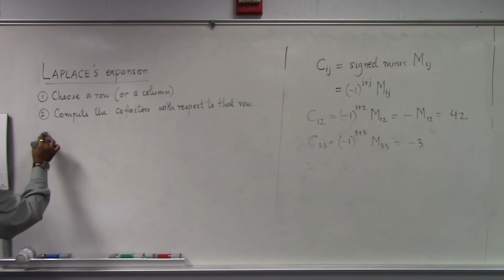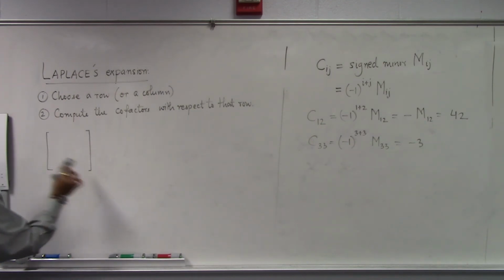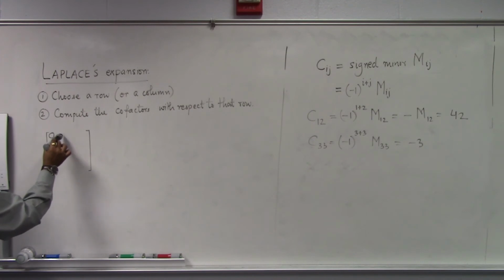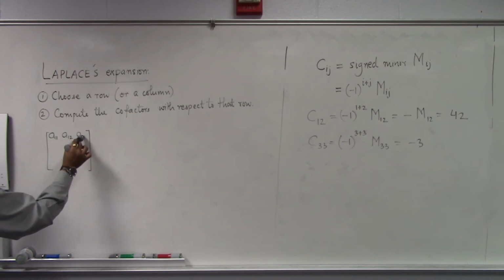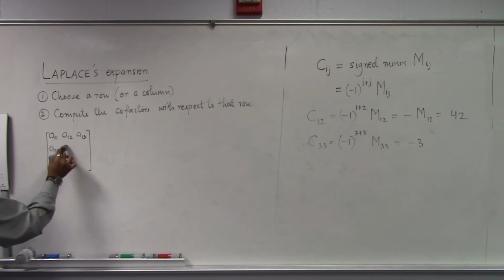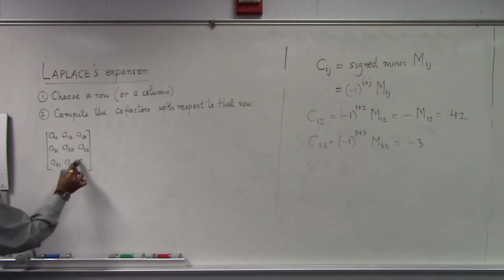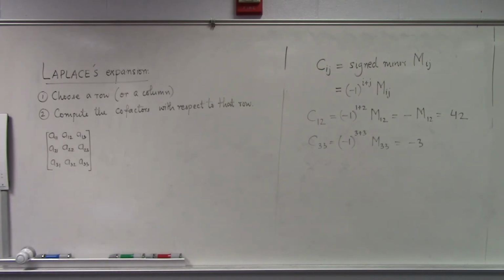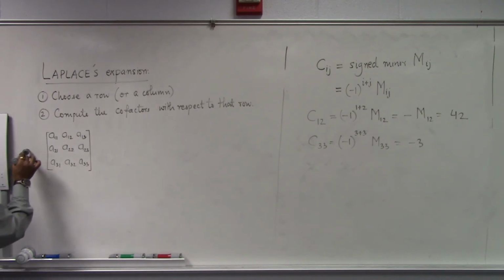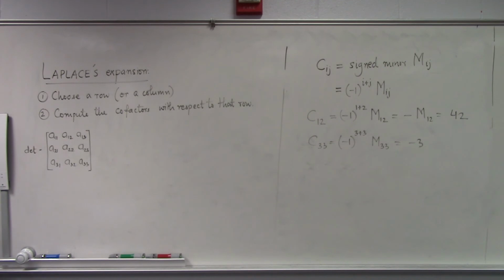So I'll first illustrate it on an example of what he meant, so that it's easy for us. Suppose you have a 3 by 3 matrix given by this. If you want to compute the determinant of this matrix, first choose a row or a column.